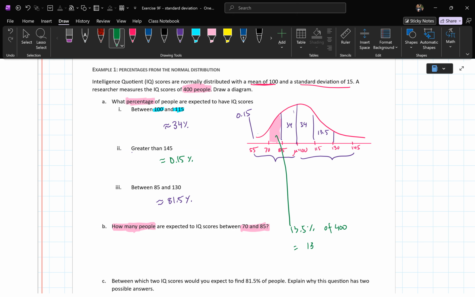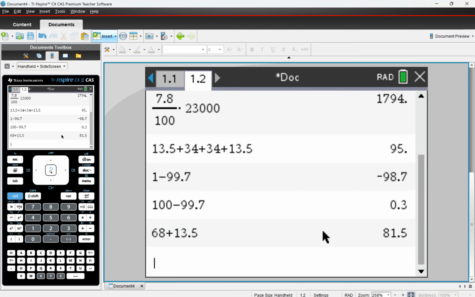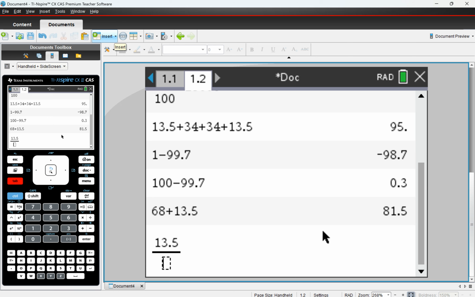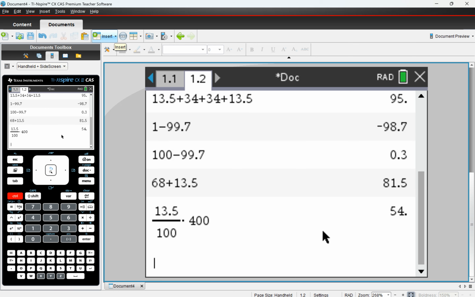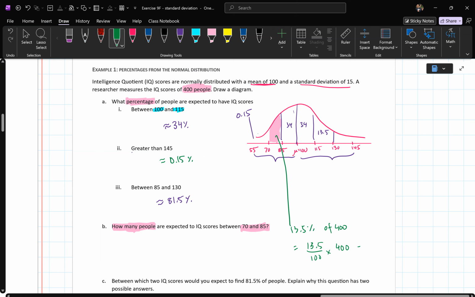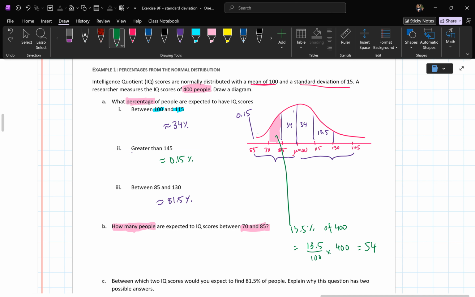So that's 13.5 over 100 times 400, which really is just 4 times 13.5. I'm just going to write it out like this. And you get 54. So that tells you there are 54 people out of the 400 that I expect to have gotten between 70 and 85 for IQ score.